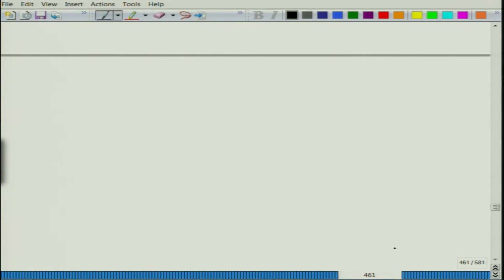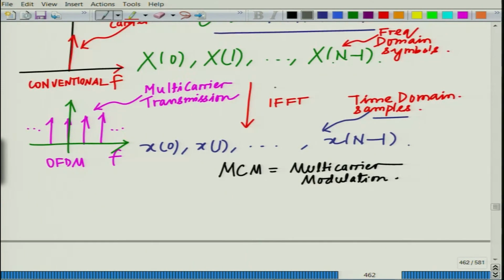Now, the point here is, prior to the transmission of these samples x0, x1, and in fact, if you look at this figure, this n has certain significance. This n is basically the number of carriers, each of these is known as a subcarrier. So, you have these multiple subcarriers.